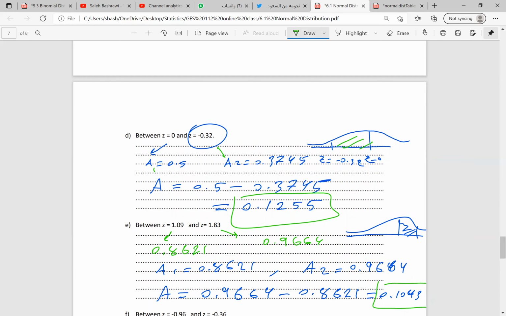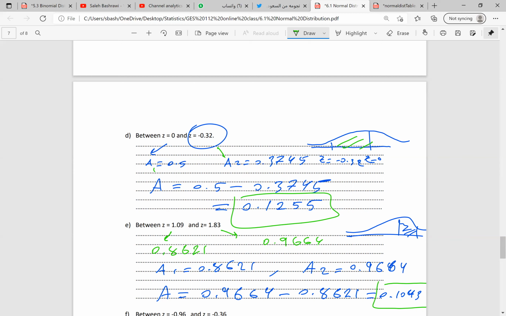So all we did now is find the area using the normal distribution table, either to the left of a z-score, to the right, or between two values. All the values given in the table are to the left of the z-score. If it is to the right, we subtract from 1 what's given in the table. If it is between two z-scores, we subtract the larger one minus the smaller one, and that gives the area under the curve of the normal distribution.